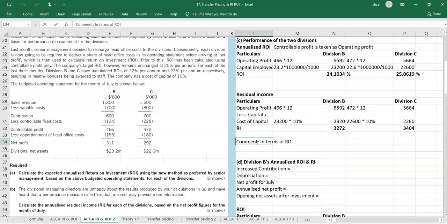In terms of ROI, both divisions have improved their ROI.